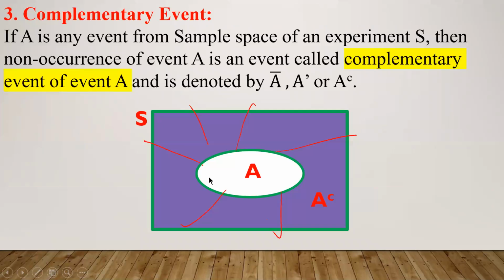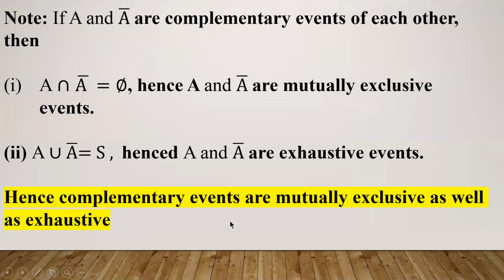Also अगर A और A complement को दोनों को आपने unite कर दिया, A में जो है और A के बाहर जो है दोनों को मिला दिया, तो आपको क्या मिलेगा? The entire sample space. So A union A bar will give you the entire sample space.